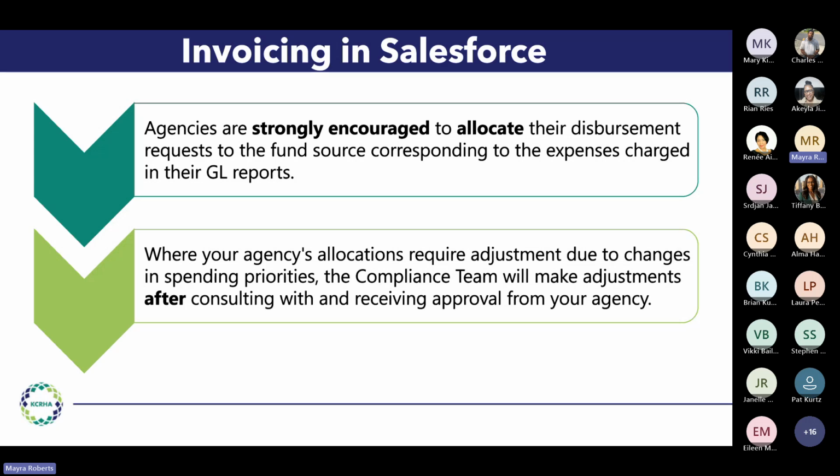So if you submit an invoice and the compliance team notices that you're allocating expenses to a non-priority fund source and those expenses are allowable under the priority fund source, they are going to reach out to you via email or phone call and ask if they can make that adjustment for you.